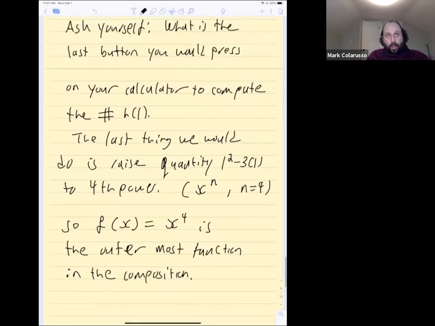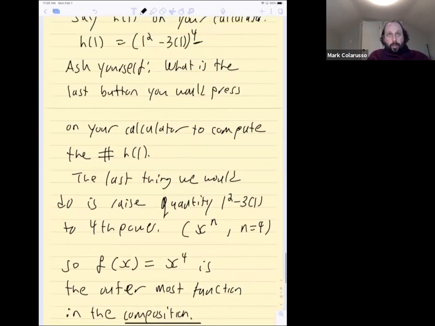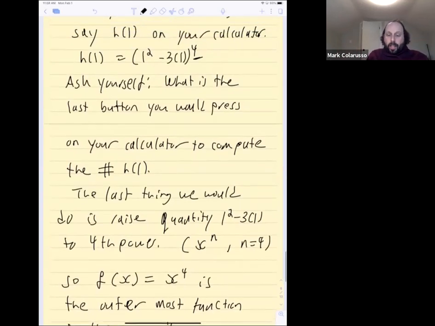And then what's the function g? What's the inner function of the composition, or the rightmost function? It's what you would do first to compute h at 1.